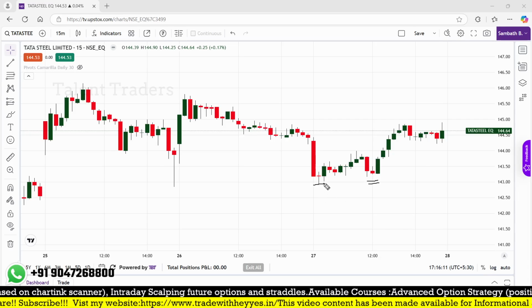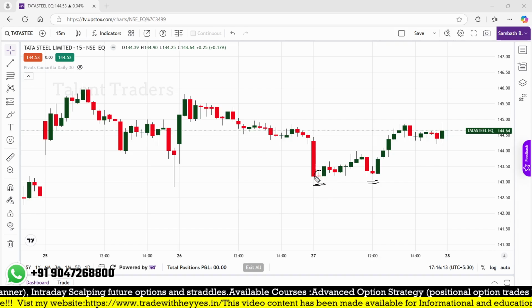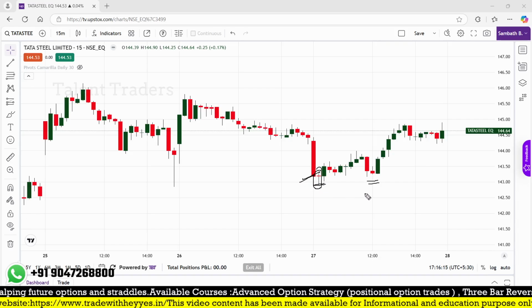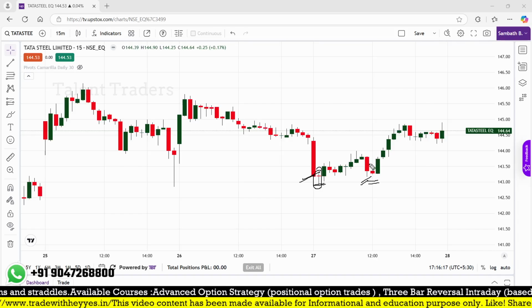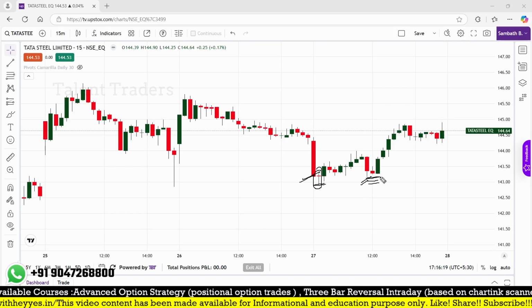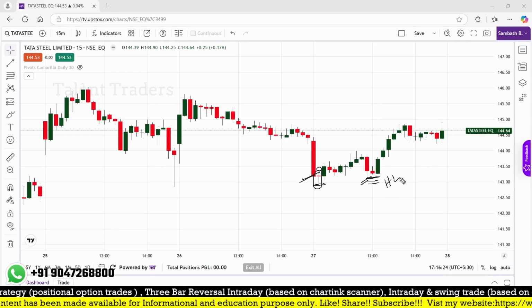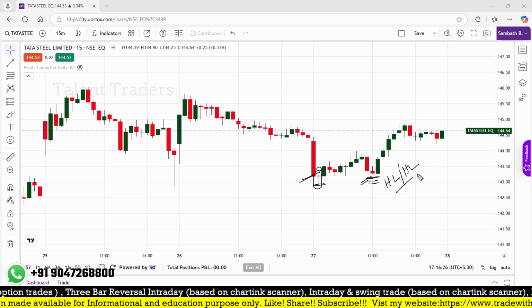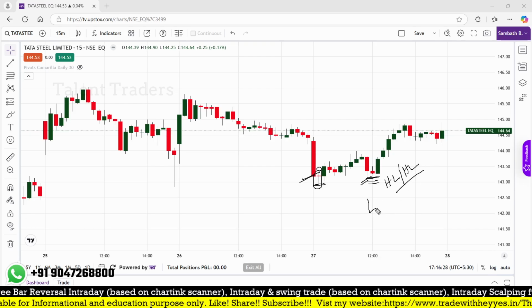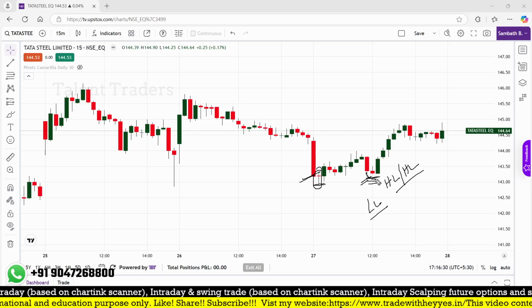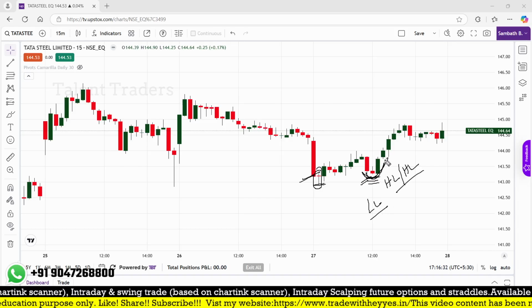This is also the same pattern, but this candle low is greater than that; the bigger drop candle has the lowest low compared to the other two candles, because the two candles form higher lows, the first candle is the lowest low, and here is the point where we are looking for the reversal.